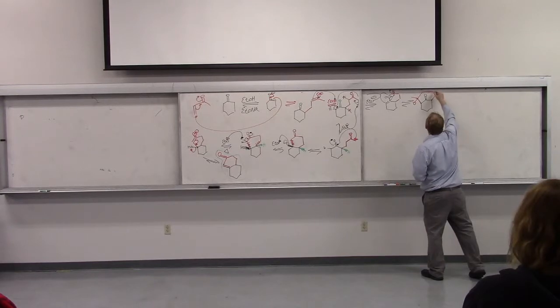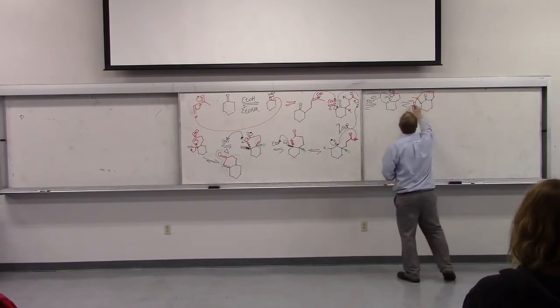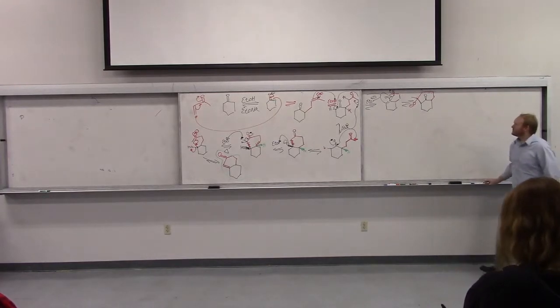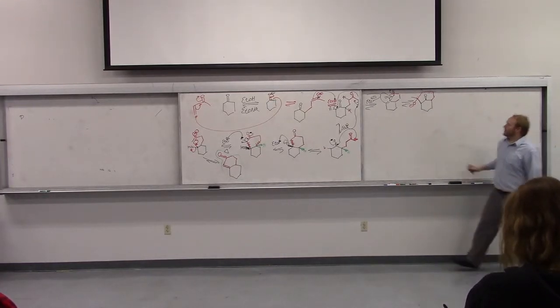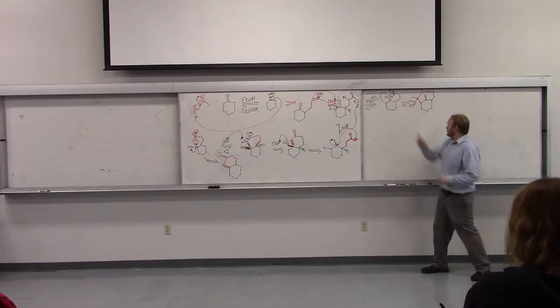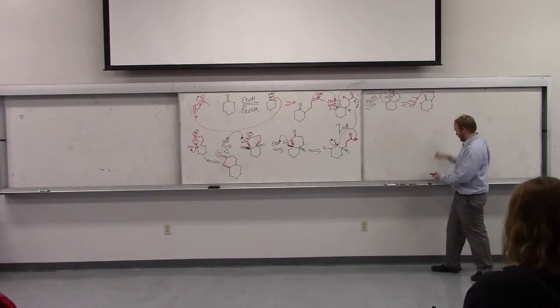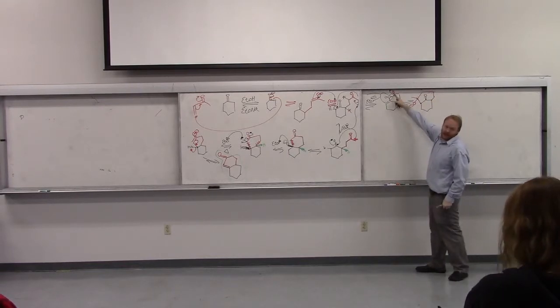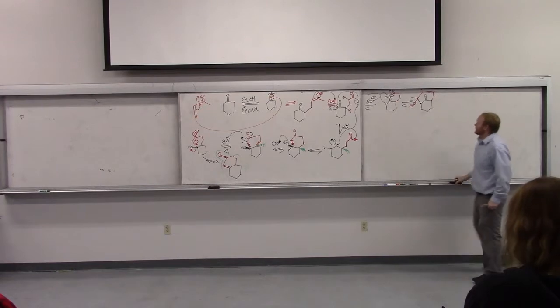That will give us a ring system that looks like this. If this carbon attacks here, then we have a 1, 2, 3, 4, 5, 6 ring system.